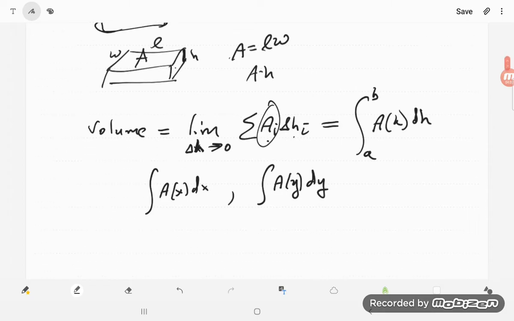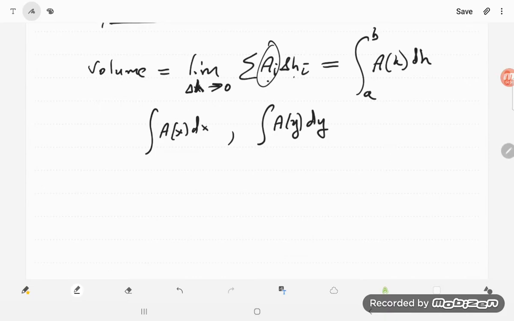So the pi r squared thing fits into this. Okay, so more generally, it doesn't have to be a round disk. It could be a square disk or something like that. A square washer. Any of those things work.